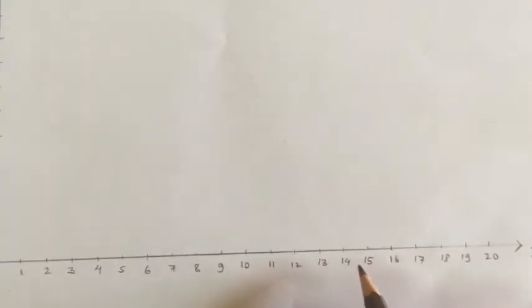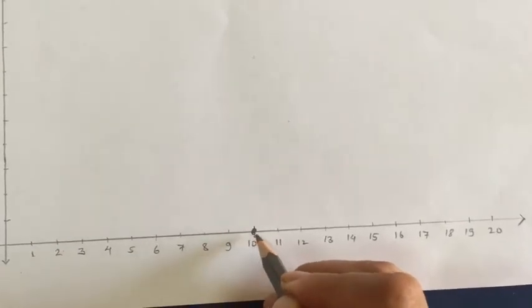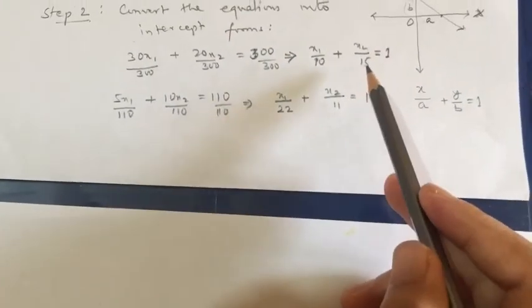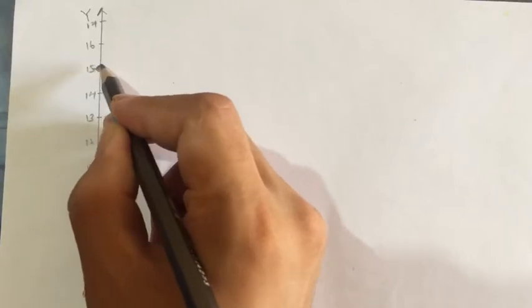So the x-intercept is 10, and we plot 10 here. Similarly the y-intercept is 15, so we plot 15 here. Now it is very easy to join these two points. We draw a line passing through both points. So here I have drawn the line.